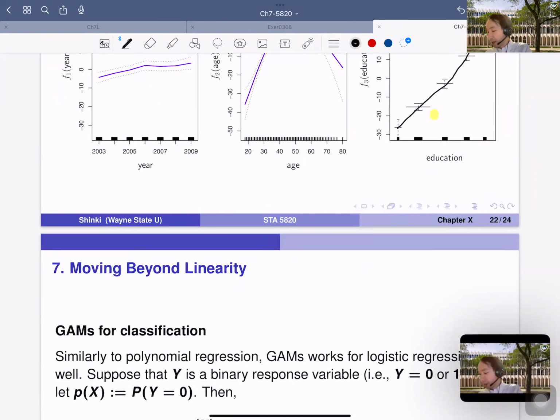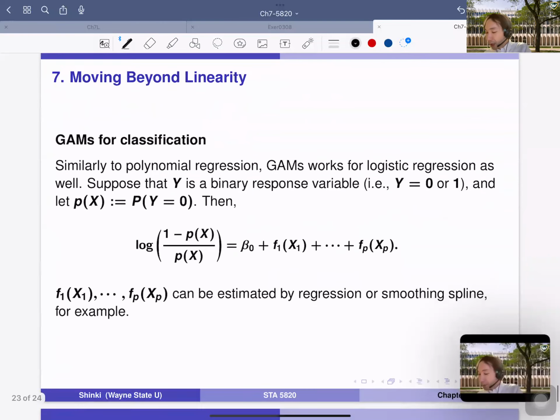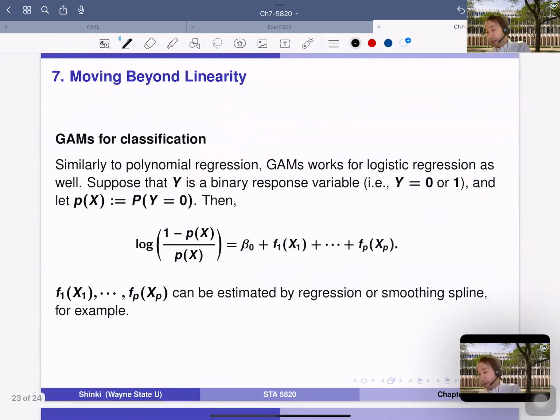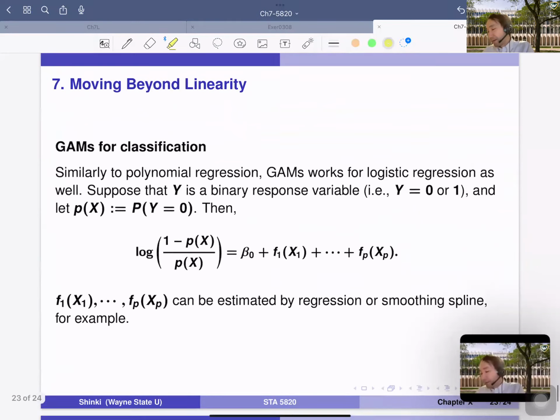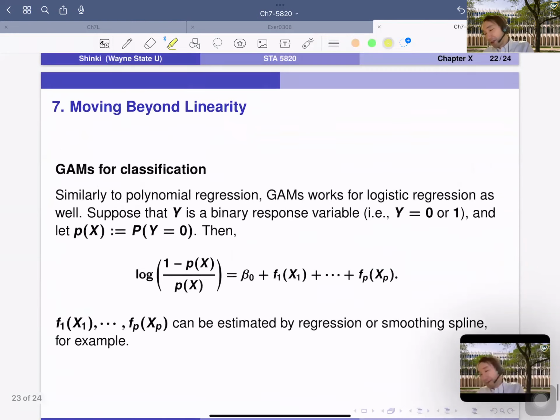Then you can fit the generalized additive models. And GAMs for classification can be done in a way similar to, but not the same as, polynomial regression.